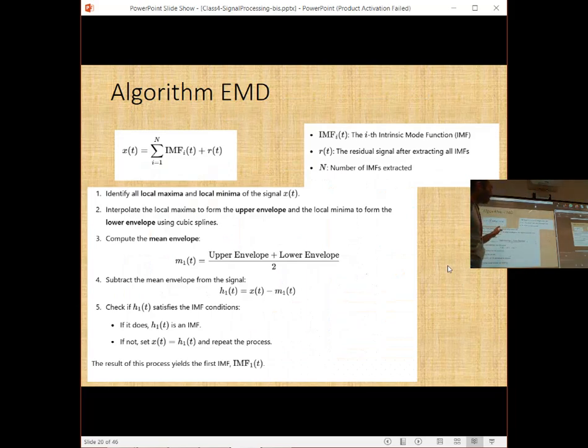A different algorithm to represent a function. This is called empirical mode decomposition. Have you ever heard of this? The empirical mode decomposition is a way to decompose a signal. So suppose you have a function like this.